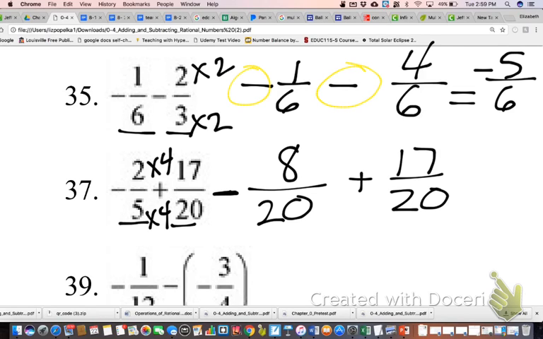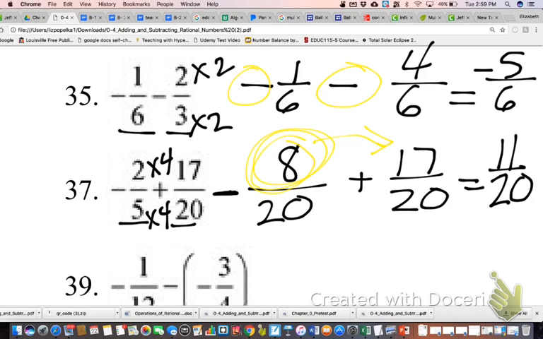So I've got a negative 8 over 20 plus a positive 17 over 20. So now, because they're a different sign, I need to use these 8 negatives to cancel out 8 of those positives. So when I do that, that's going to leave me with 11 over 20. And I have more positives than I do negatives, so it's going to stay a positive 11 over 20.